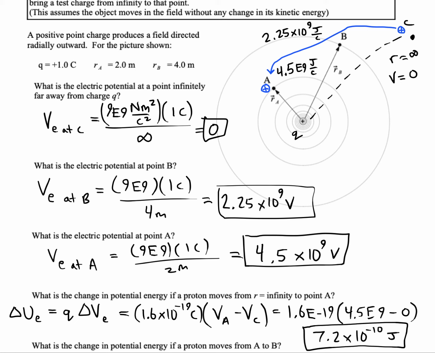So the meaning of this is that's how much work it would take to physically push the proton from infinity to the location of A. It's difficult to move it from infinity to A because the positive charge doesn't want to be near this positive charge. It would require energy to move it in that close. And the work that you did would be transformed into what's called electric potential energy.